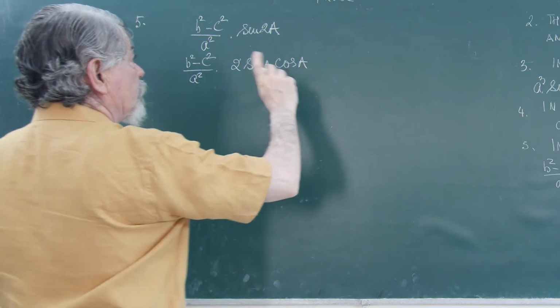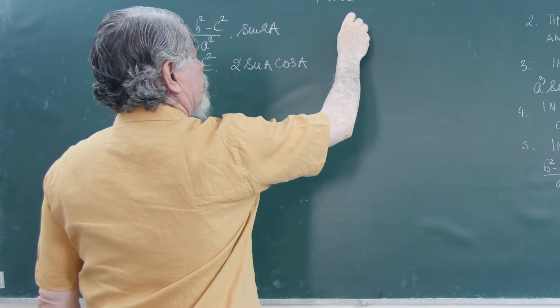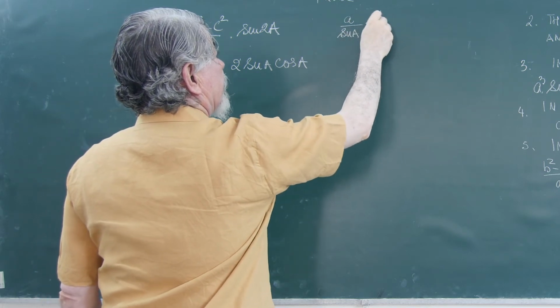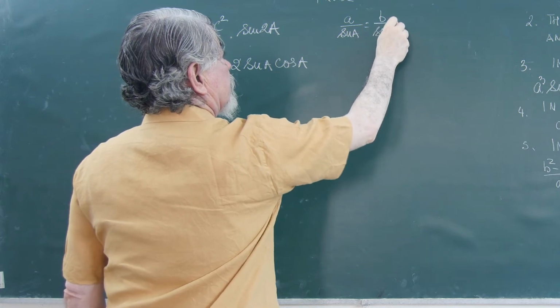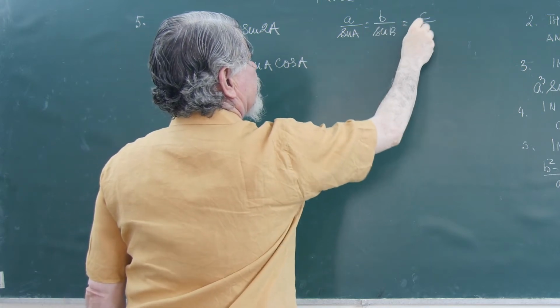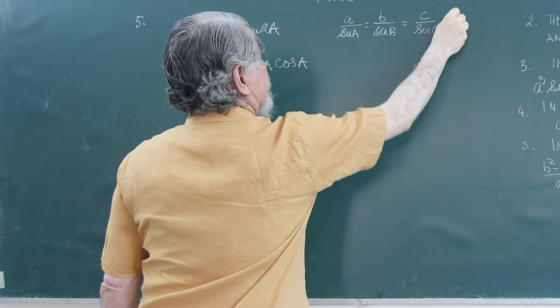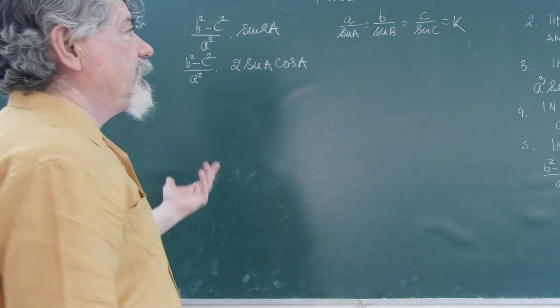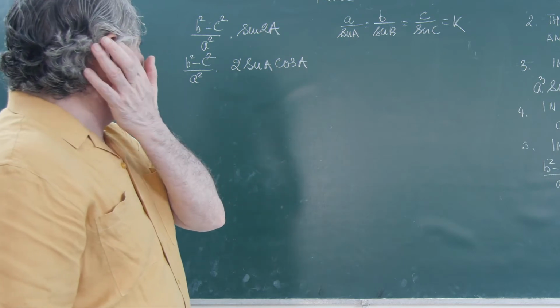Now we know very well that a upon sine A is equal to b upon sine B is equal to c upon sine C is equal to k. So in place of sine A, if I reverse this, I can write k into a.